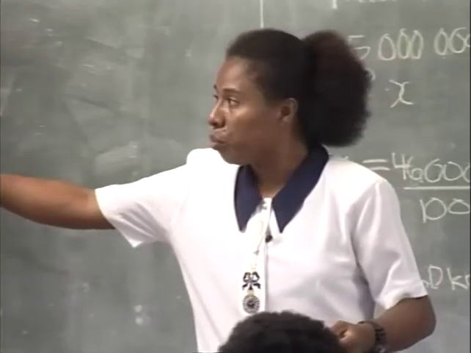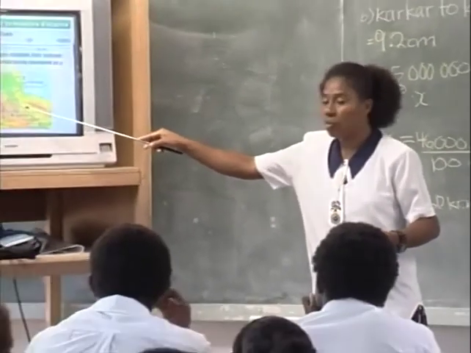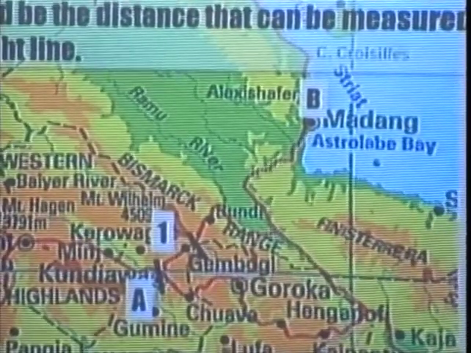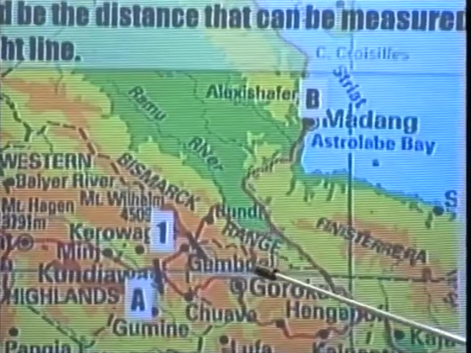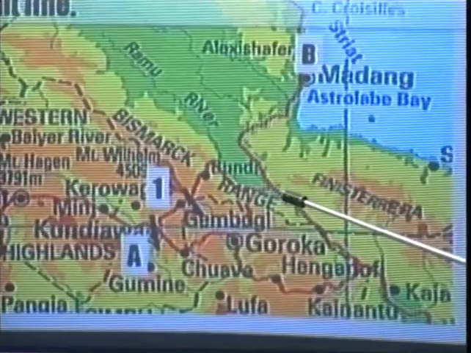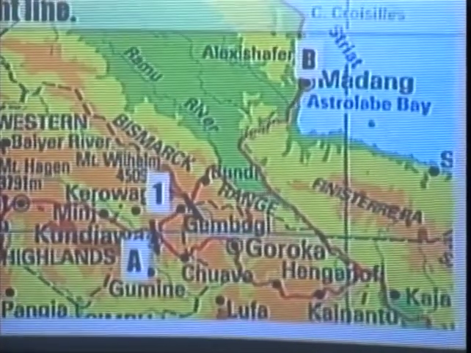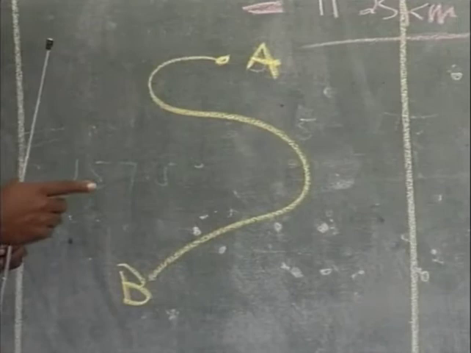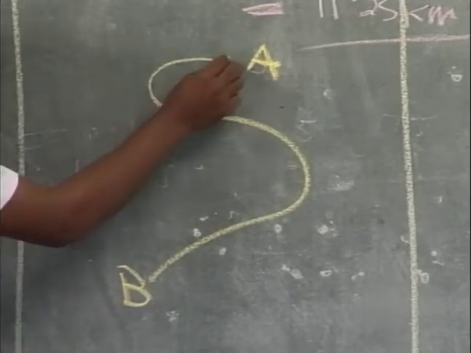So first step, we divide the area that we've been asked to calculate the distance of into what we call subparts. Each subpart or subsection must be a straight line distance when we are measuring. Maybe on the board, for example, if I'm looking at finding the distance from A to B, when I mean to subdivide this into subparts and each part is a straight line, this is what I mean here.